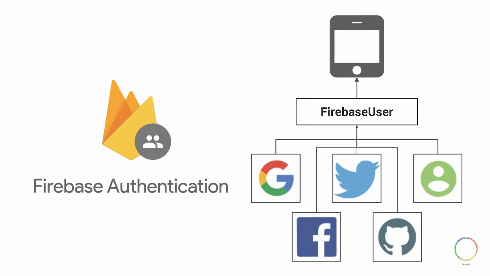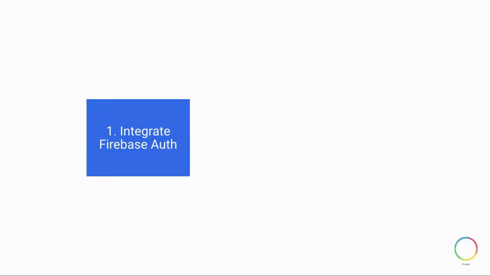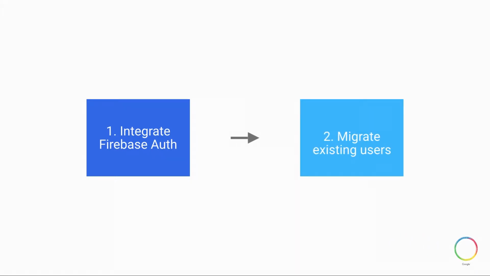There are 2 steps that are needed to add Firebase Authentication to the app. First, of course, we will need to integrate Firebase Authentication, and then we'll migrate our existing users to Firebase Authentication. Let's take a look at the first step.